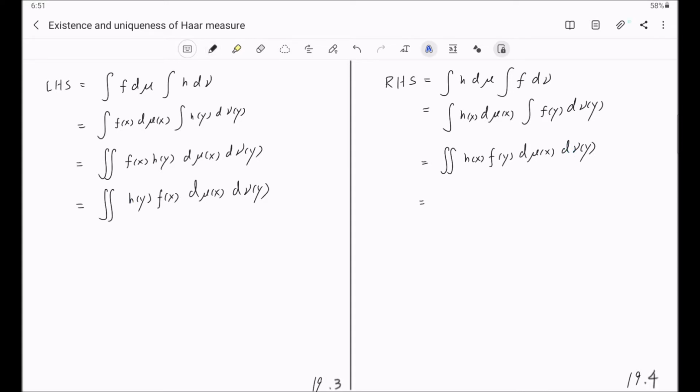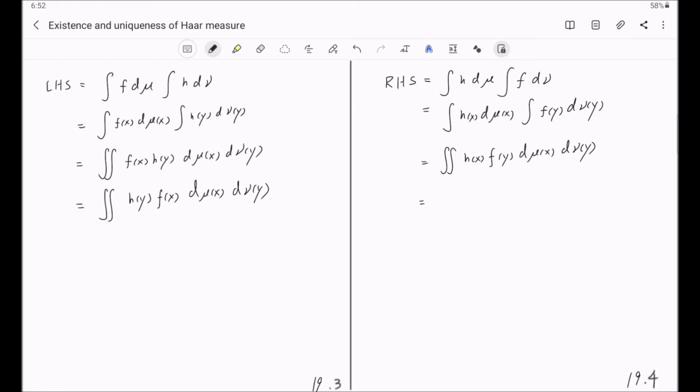We'll try to turn this h of x into h of y, while making some necessary change to this part. Of course, you can imagine we're going to use Fubini's theorem and the left invariance of measures, things like that.